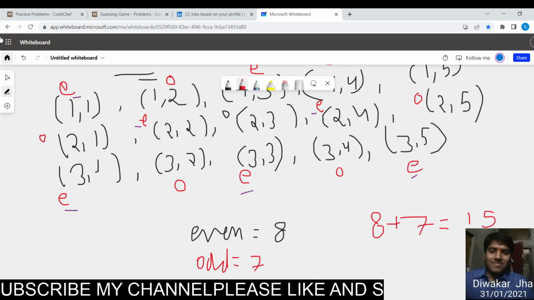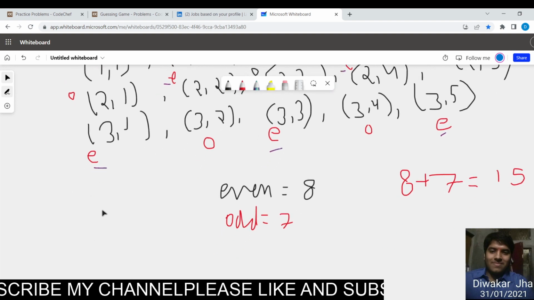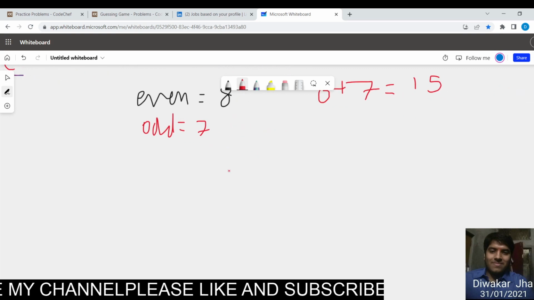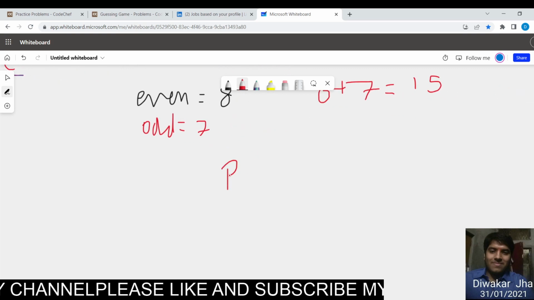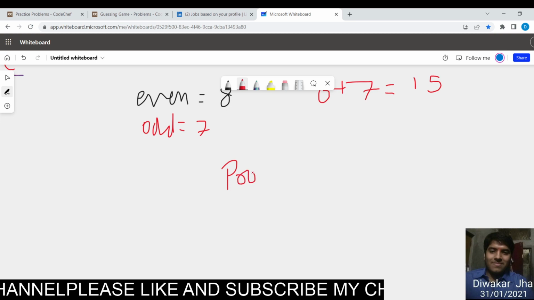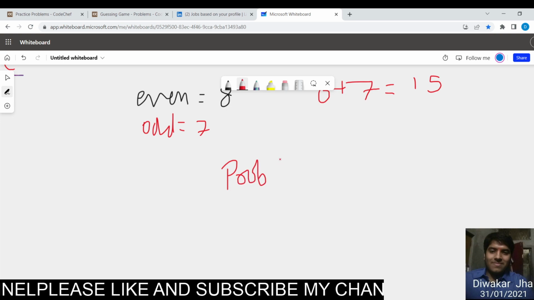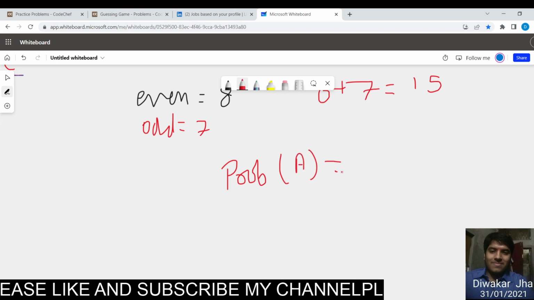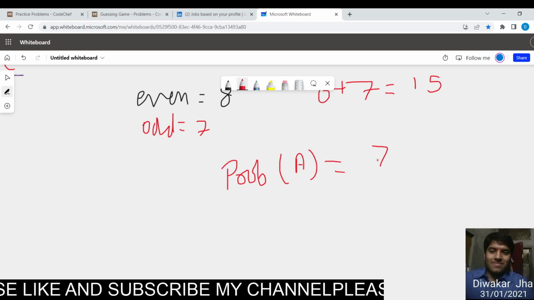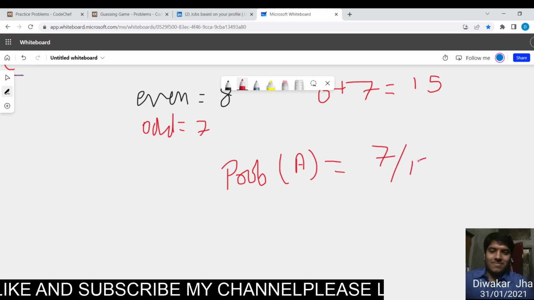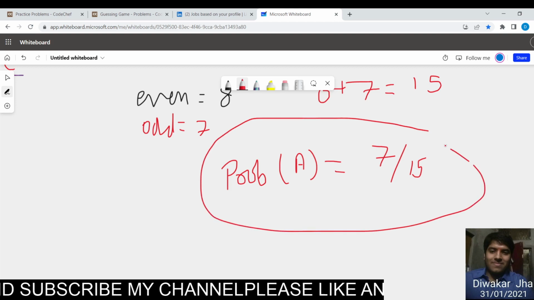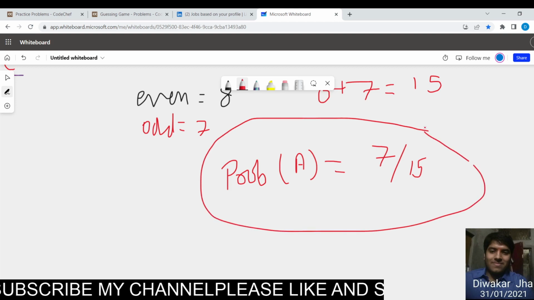I hope you all understood. So in this condition, the probability of Alice going for the water will be 7 divided by 15. I hope you all understood this problem statement.